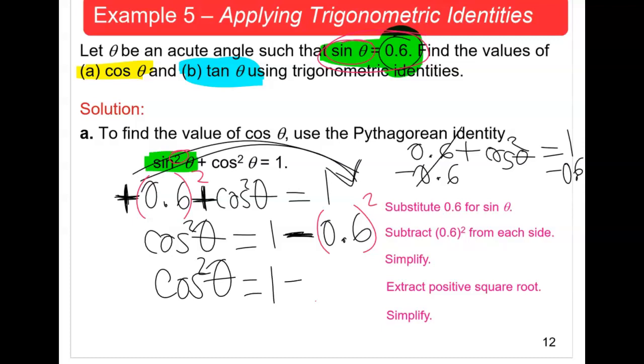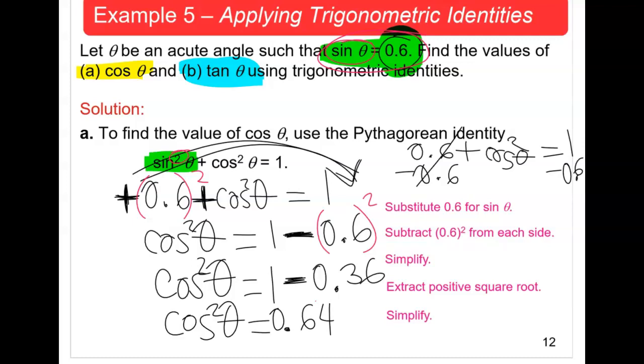So to calculate this, first we have to square the 0.6, and that will be positive 0.36. The negative here is coming from here. Now if we subtract those two numbers, we will be getting 0.64. That is the cosine square of theta.